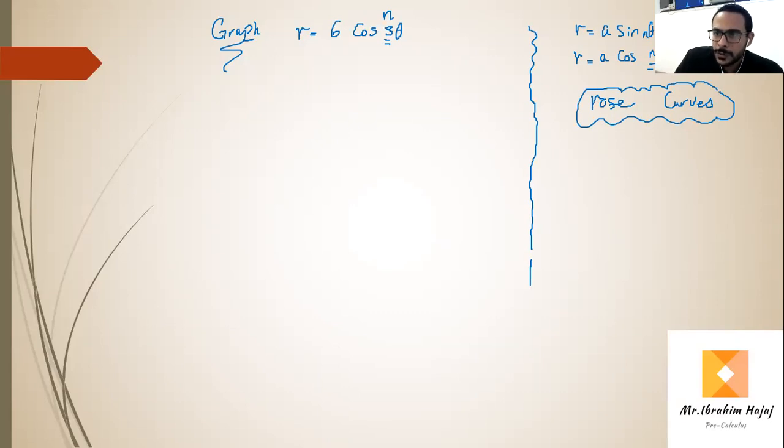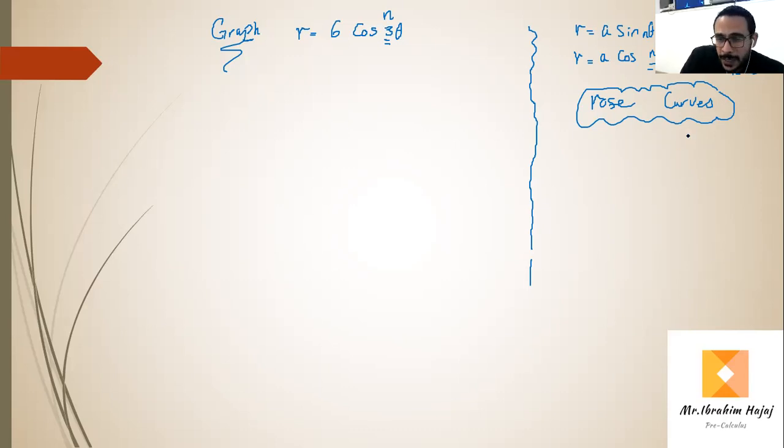What does it mean by rose? Rose means like this, you know, like a flower, and each one of these parts of the graph is called what? Petals. Petals, okay?